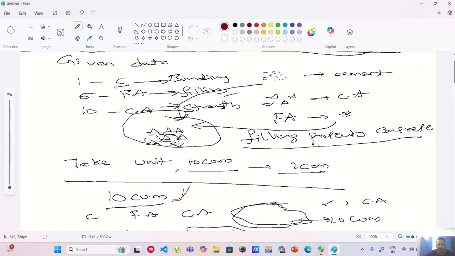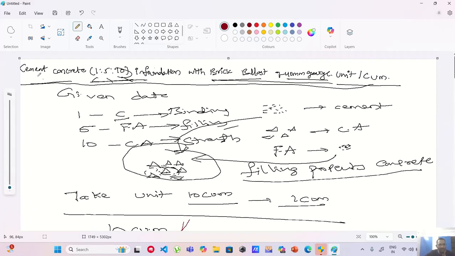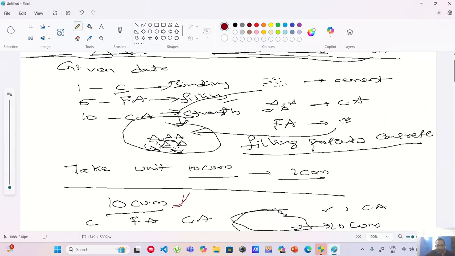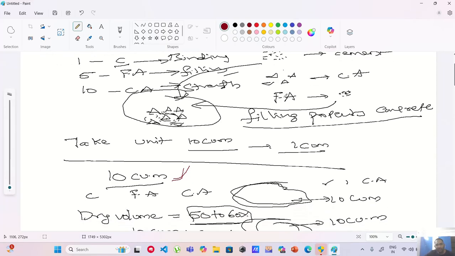So I'll go through it briefly. First of all, we have to calculate the material quantities. This is the filling property. In the coarse aggregate voids, fine aggregate is going to be filled. In fine aggregate voids, cement is going to be filled. In cement voids, water is going to be filled.